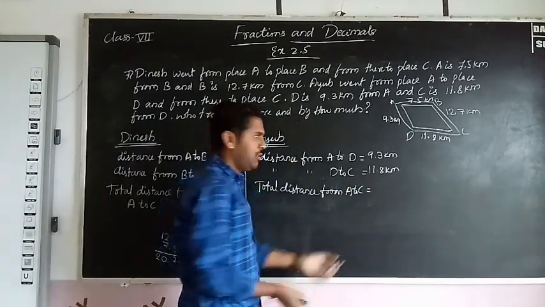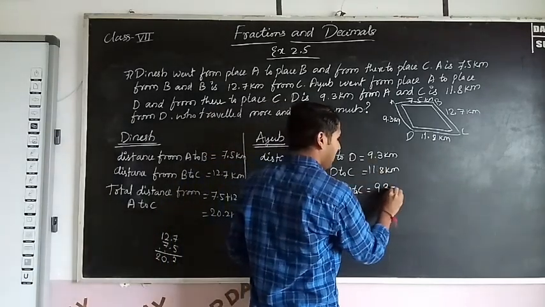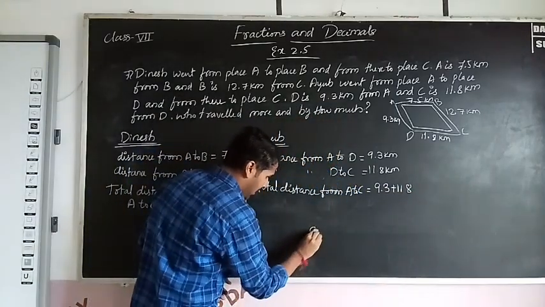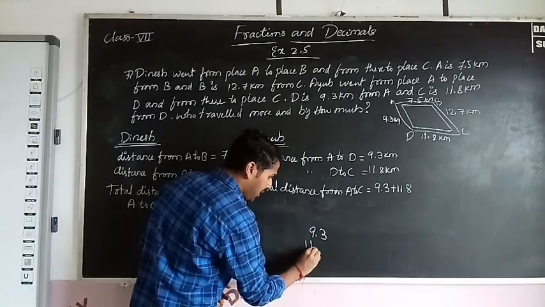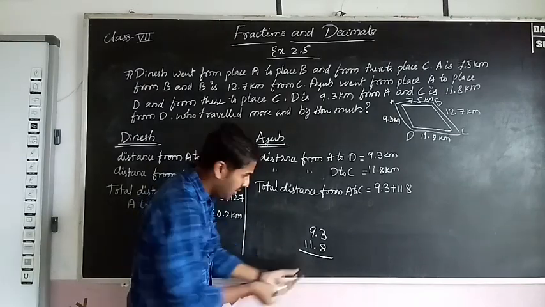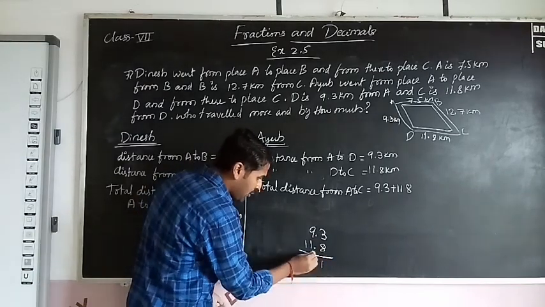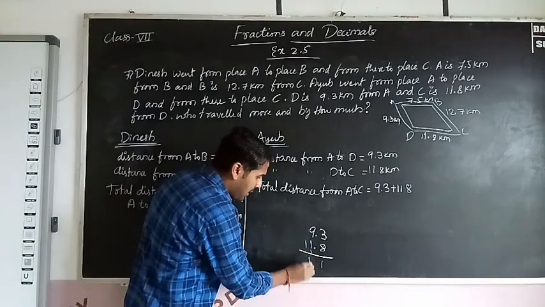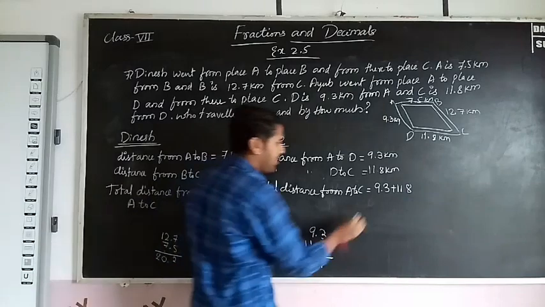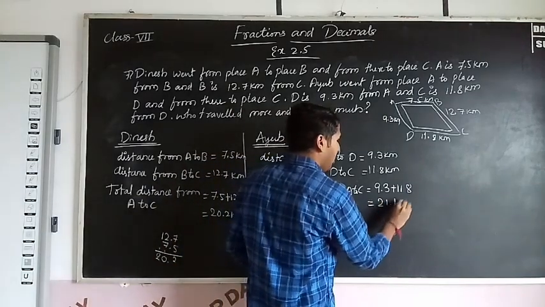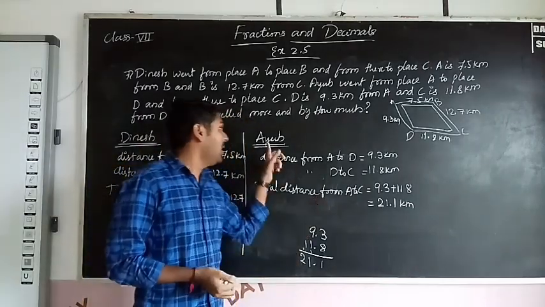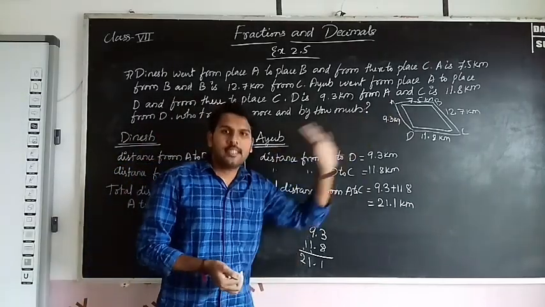Total means addition. So add 9.3 plus 11.8. So see here, 9.3 and 11.8. 3 plus 8, 11. 1 carry, 9 plus 2, 11, 1 carry 2. So 21.1 kilometers. This is the total distance covered by Ayub from point A to C.